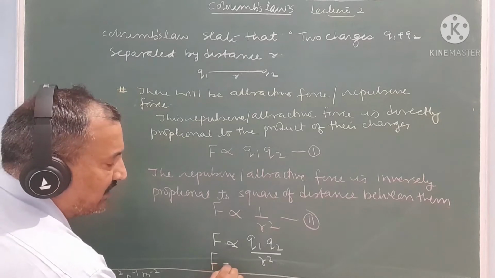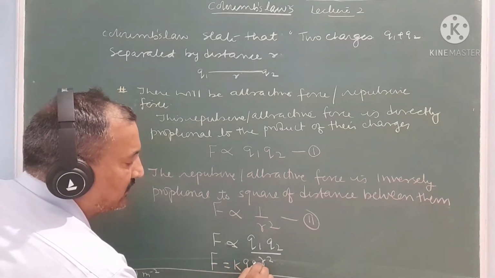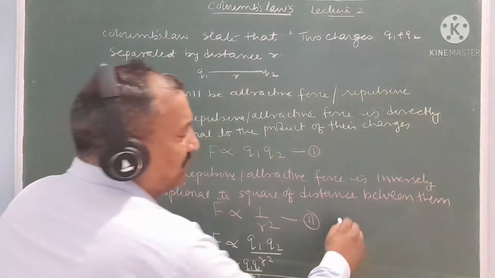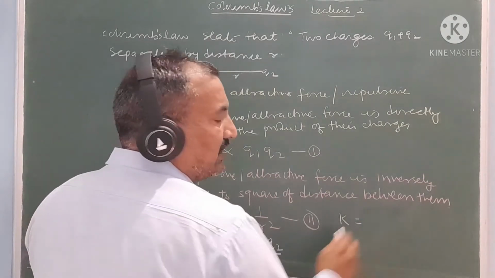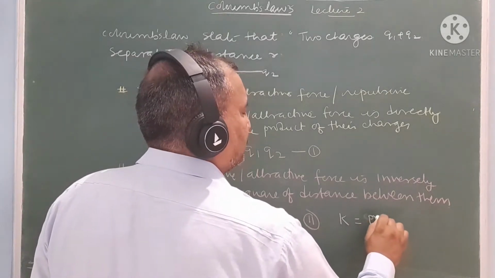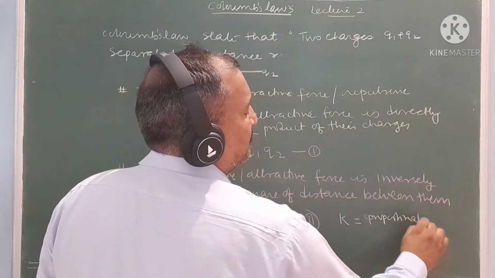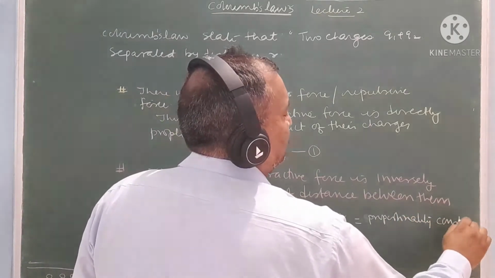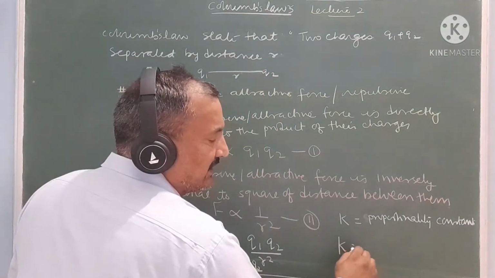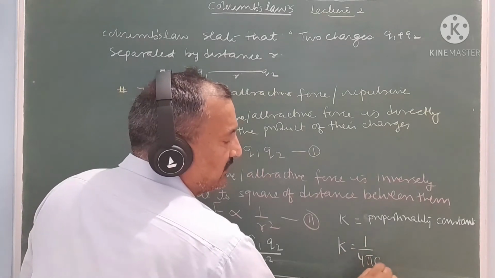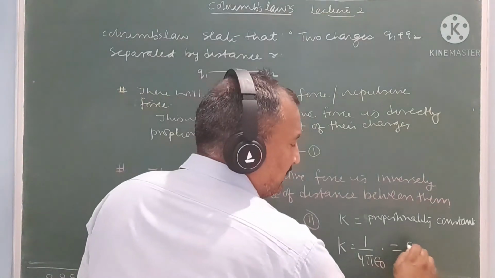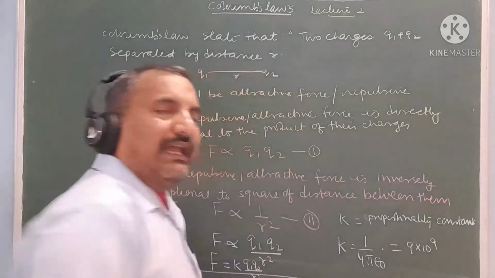This becomes force is equal to constant K Q1 Q2 upon R square, where K represents the proportionality constant, and it is represented by K is equal to 1 upon 4 pi epsilon 0, and the value of K is 9 into 10 raised to 9.